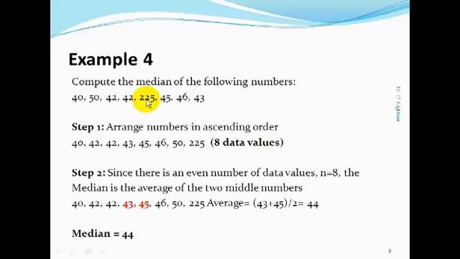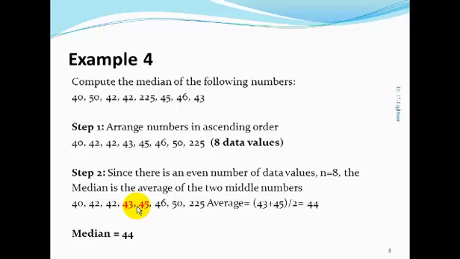Now let's compute the median for these numbers. In step 1, we arrange our numbers in ascending order. We also note that we have 8 data values. In step 2, since there is an even number of data values, our n value is 8, we must identify the 2 middle numbers. In this example, 43 and 45 are the 2 numbers in the middle.